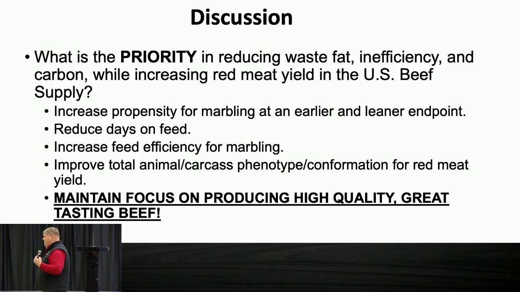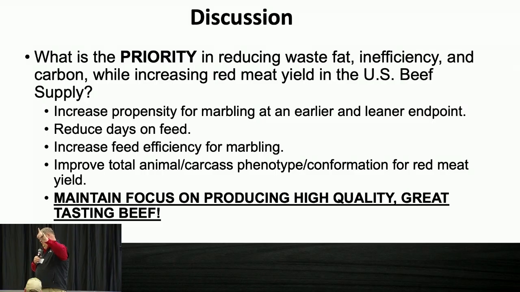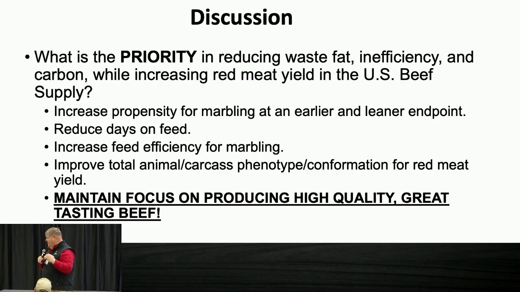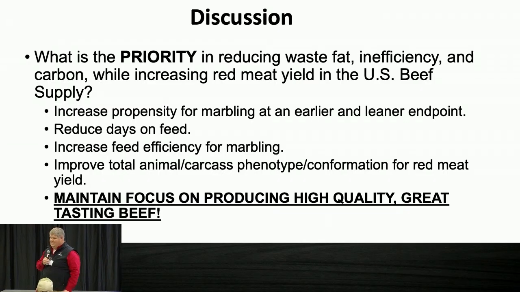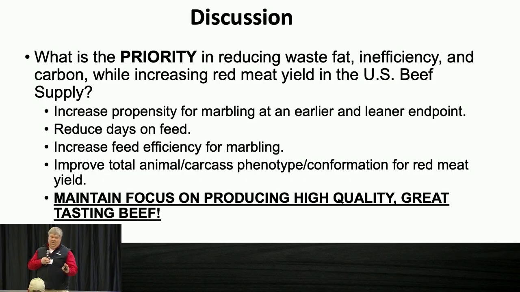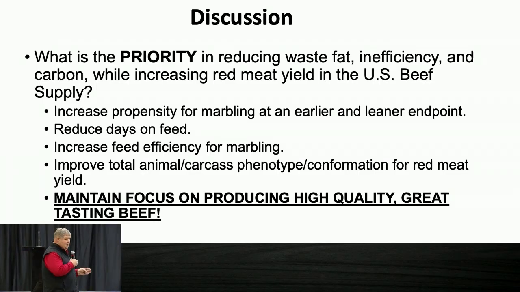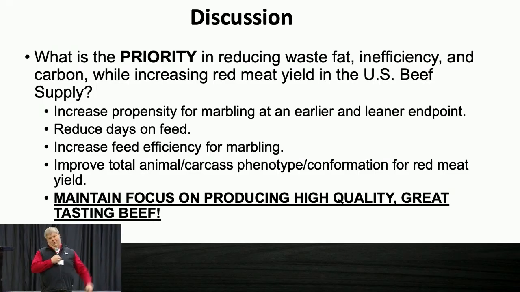What we have to get to is cattle that are going to marble, first priority, because that is beef demand. We have to get them to marble earlier and at a leaner endpoint, and then ultimately at a heavier weight. So take note, I did not say we need to make cattle lighter in the long run. What I said is we need to change the composition of those animals, but only if they marble.